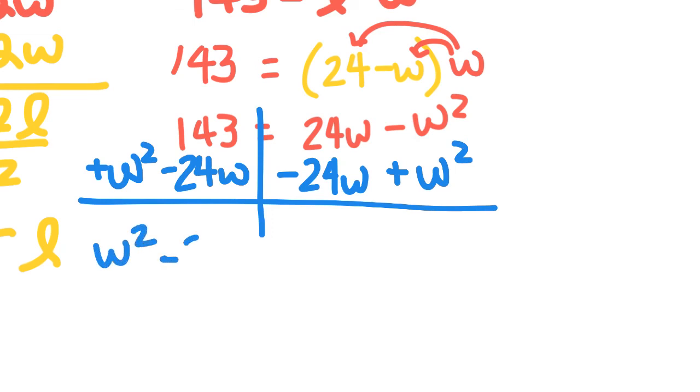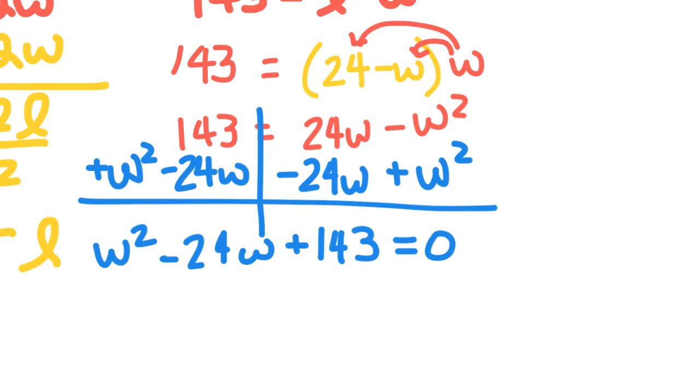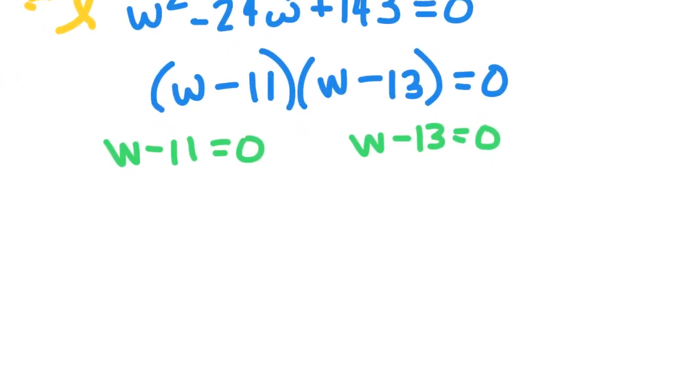Now you have an opportunity to factor this equation. So please pause here as you factor. Now that you've factored, set each one of the factors equal to 0.